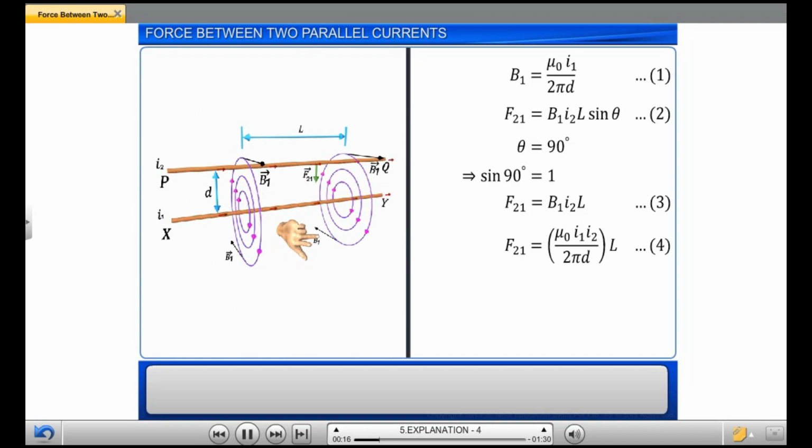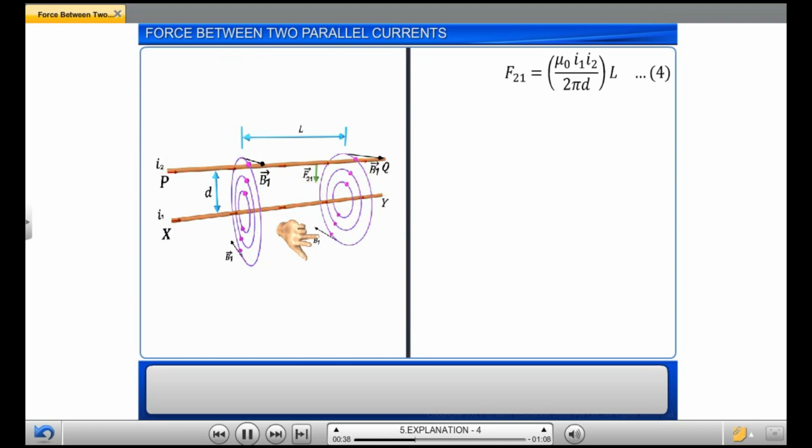If the central finger represents the direction of the current and the forefinger represents the direction of the magnetic field, then the direction of the thumb represents the direction of the force acting on the current-carrying conductor. Thus, the force F21 is directed towards the conductor XY.